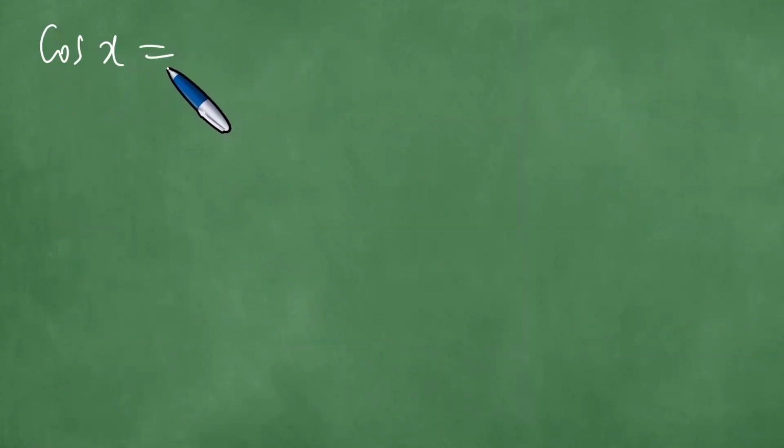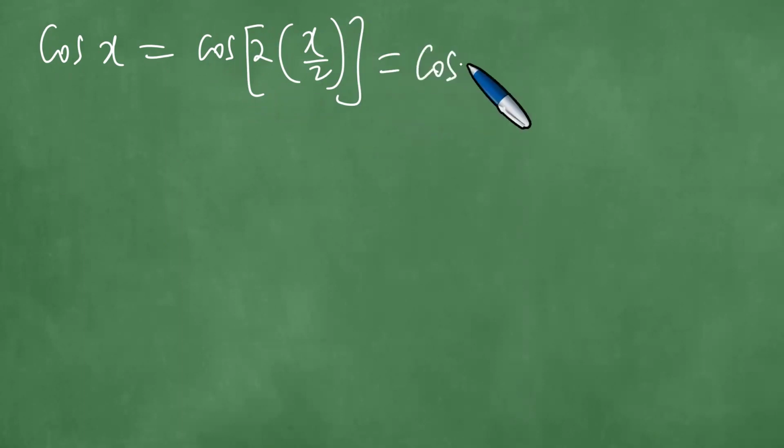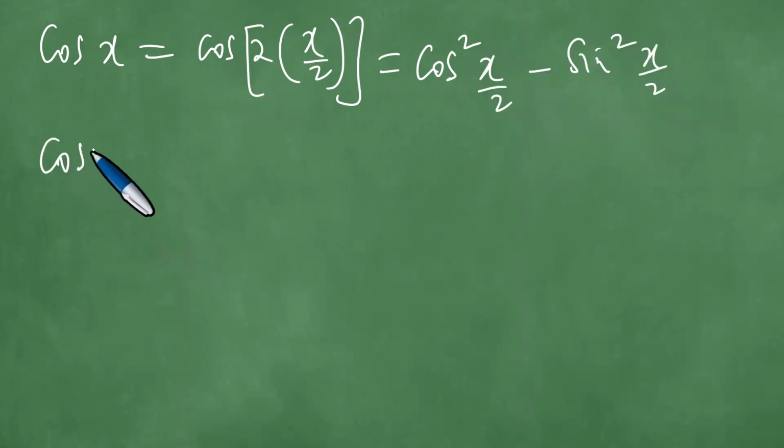The cosine of x can be seen in many ways. It is first and foremost the cosine of double x over 2, and it is exactly the same as cosine squared of x over 2 minus the sine squared of x over 2, which means cosine x is what?